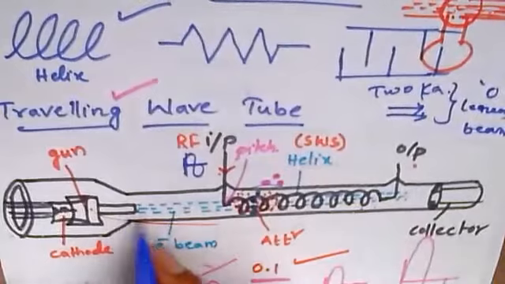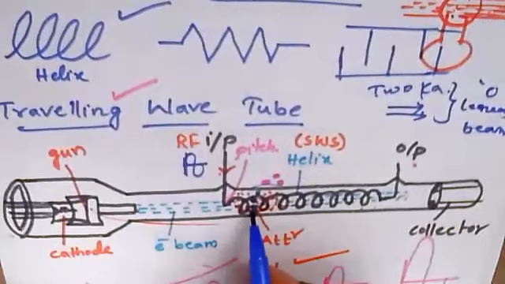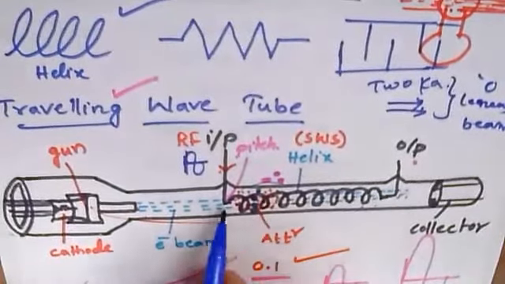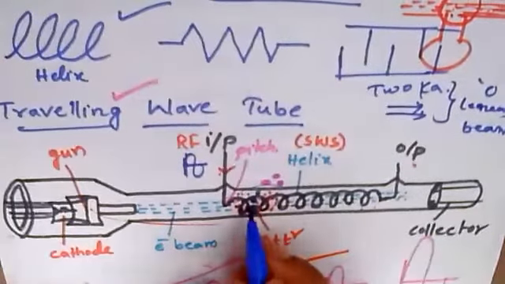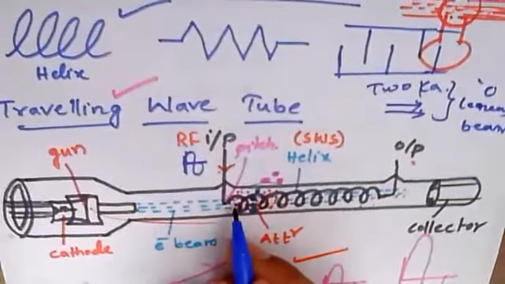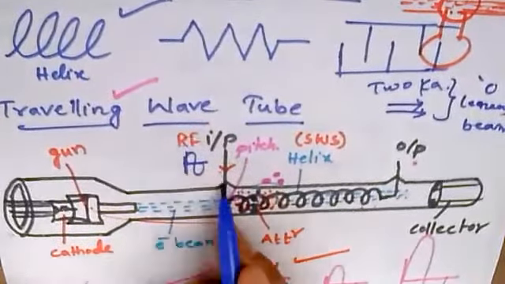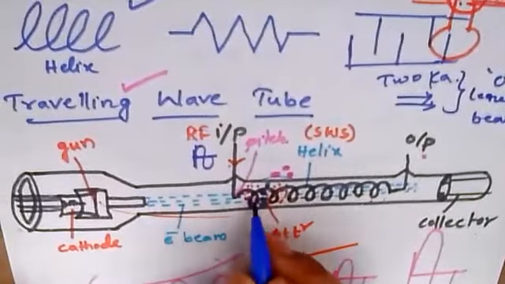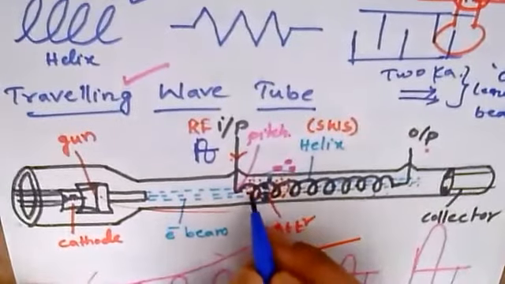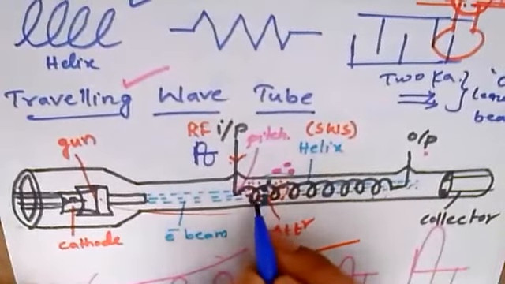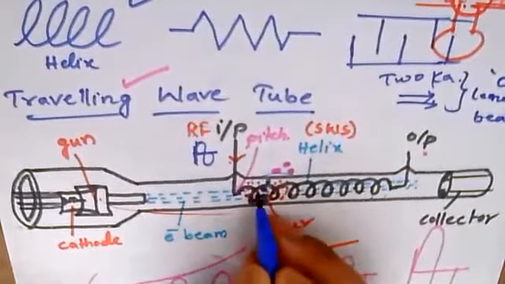Now coming to the operation. When the electron beam propagates through this tube, it is made to travel through this slow wave structure. What happens? It avoids the dispersion of the electron beam. Whenever RF input is given, this RF input interacts with the electron beam at the first turn, and as the RF input moves through the turn, it decreases its velocity.